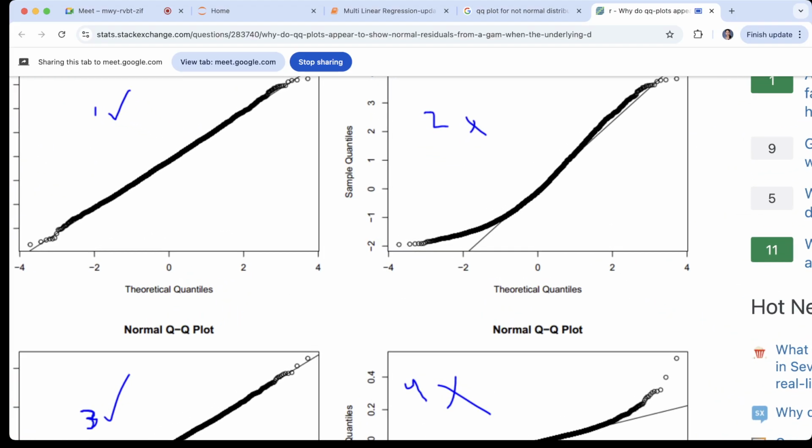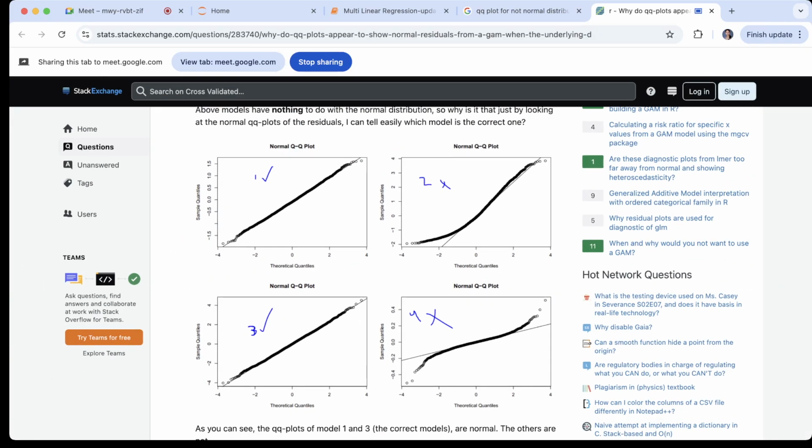If all are falling on the 45-degree line, then it is a normal distribution.